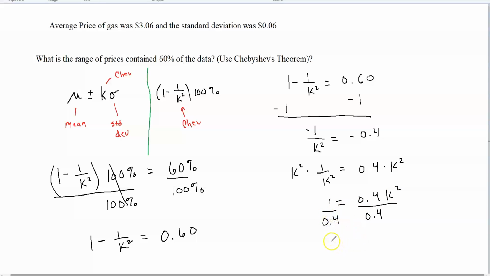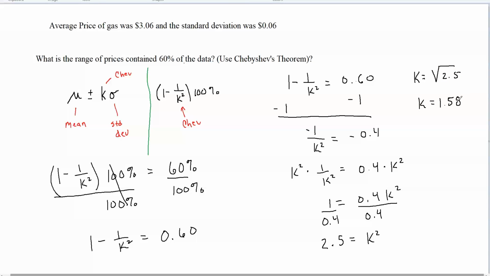And when you do that, you can do this on your calculator, you're going to get 2.5 is equal to k squared. Now you don't want to know what k squared is, you want to know what k is. So what you do is you take the square root of 2.5, and what you'll find out is k is equal to about 1.58. Okay?